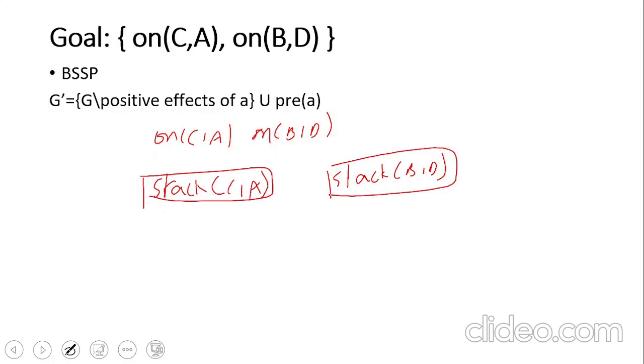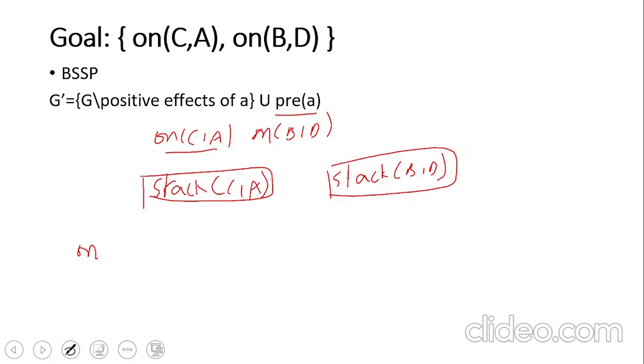So assume that if I perform stack C comma A, I need to add the preconditions. So I use the preconditions for the goal. Previously on CA is there. If you remember stack CA, what are the preconditions we are having for stack CA?